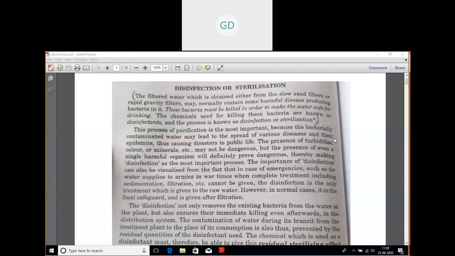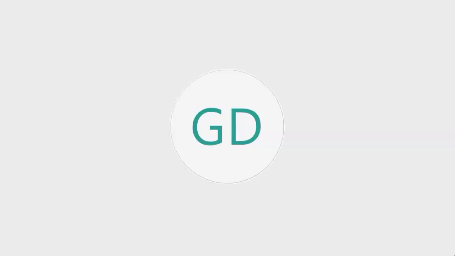Might be network issues, so that's why I guess it's not clear. Let me check the settings once. Is it clear now?